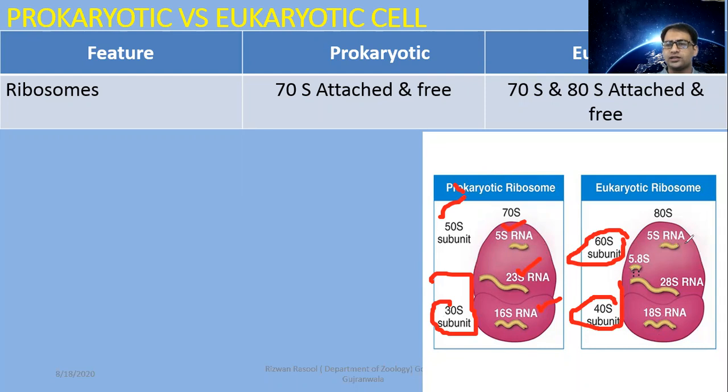In case of eukaryotic ribosomes, 5 Swedberg, 5.8 Swedberg and 28 Swedberg RNA is found in the larger subunit, while in case of smaller subunit, it is 18 Swedberg of the RNA.